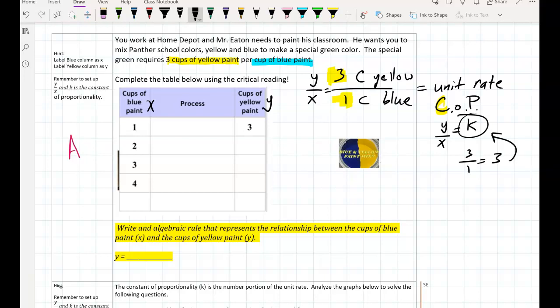Now, if you have 2 cups of blue paint, how many cups of yellow paint would that be? Well, when we went from 1 cup of blue paint, we multiplied that times 3 to get 3 cups of yellow paint. If we have 2 cups of blue paint, we multiply that times our constant of proportionality, 3, and that gives us 6 cups of yellow paint.